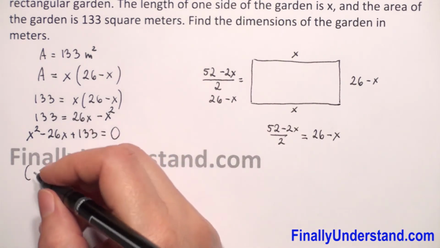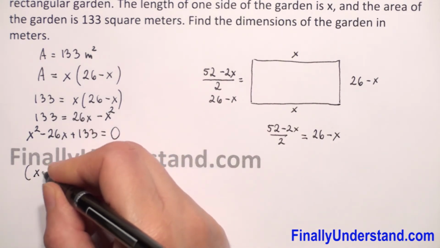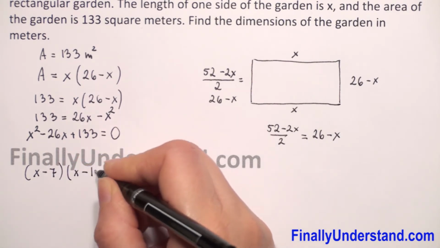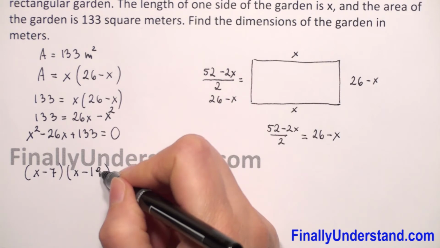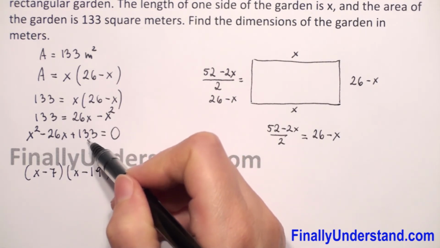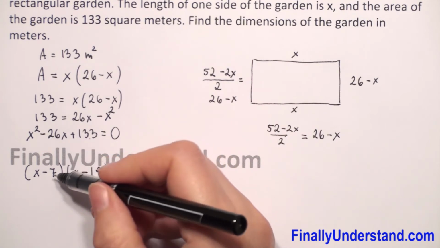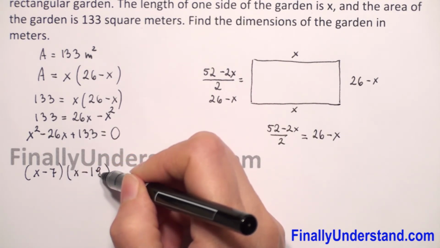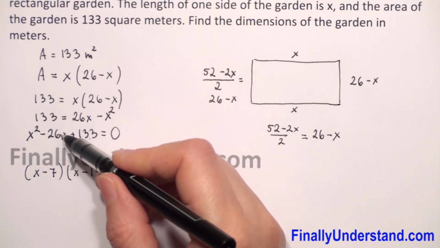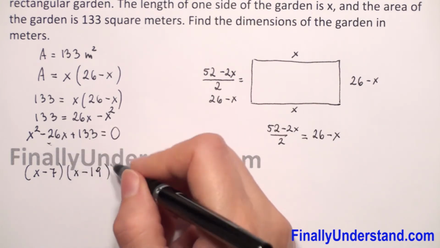It will be negative 7 and negative 19. Negative 7 times negative 19 gives me positive 133, and when we add negative 7 and negative 19, it will be negative 26, the coefficient before x. So everything is okay.